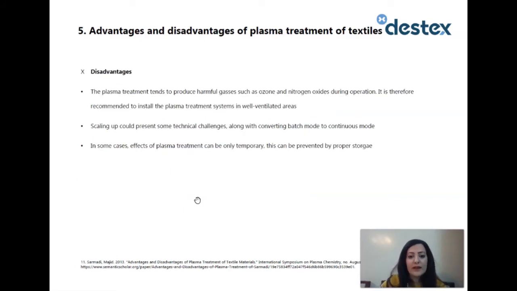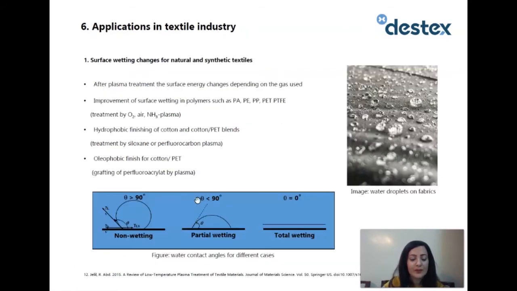But of course, like any other method, plasma also has some disadvantages, and scaling up in industry is still a challenging aspect. Regarding the applications in both research and markets nowadays, we can agree that surface wetting changes and the adjusting of surface energy and wettability of textile materials is one of the most common and important applications of plasma for textiles.